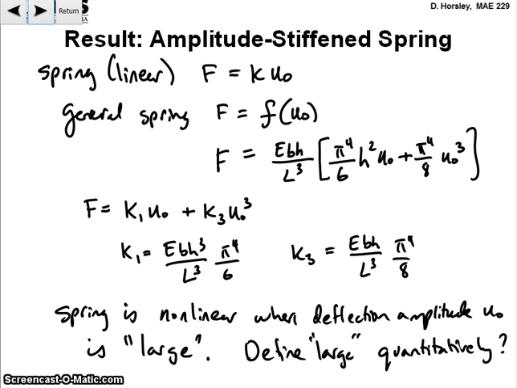Here are our nonlinear spring terms. How do we determine when this term is important? The way to do it is to compare the relative sizes of K1 and K3, put in a way that allows us to equate them.